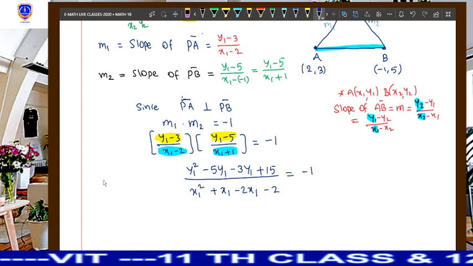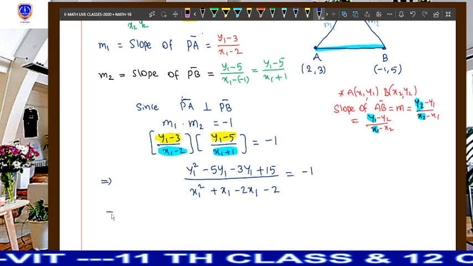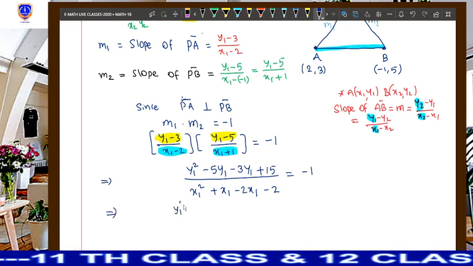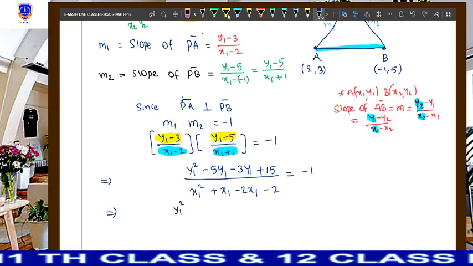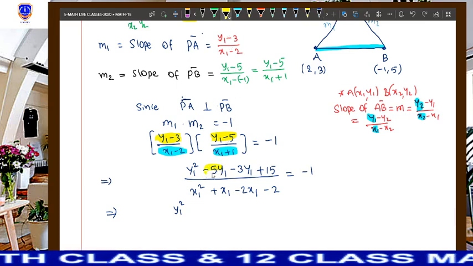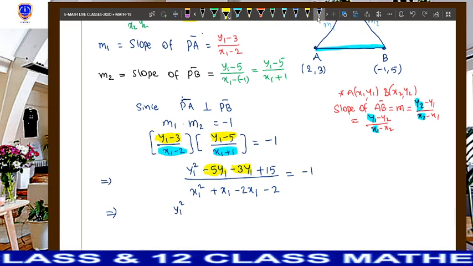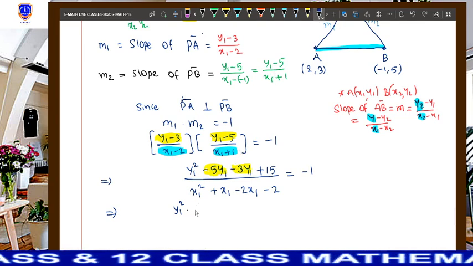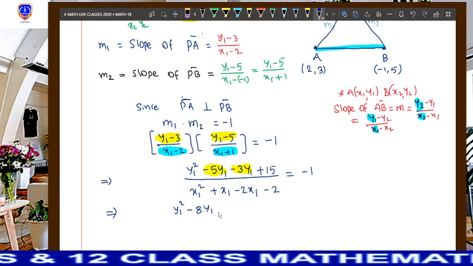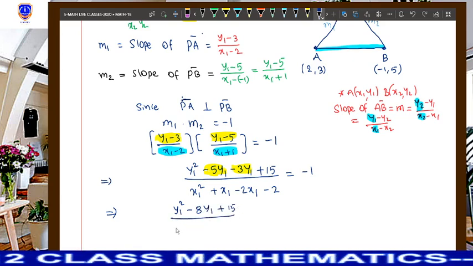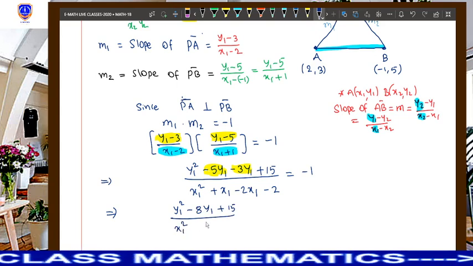Take a plus sign here also. So now we have y1 square minus 5y1 minus 3y1, both are negative quantities, so minus 8y1 plus 15 divided by x1 square.